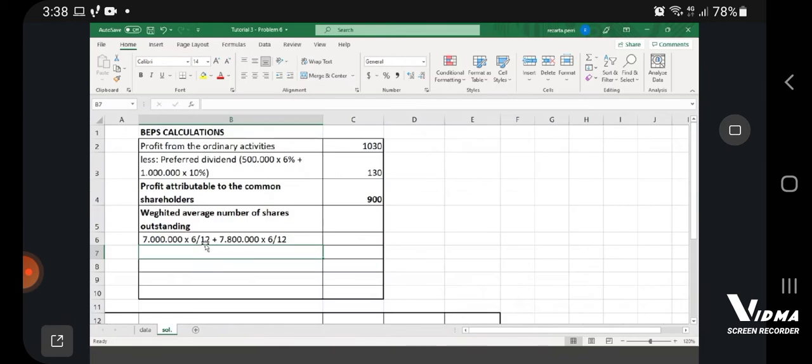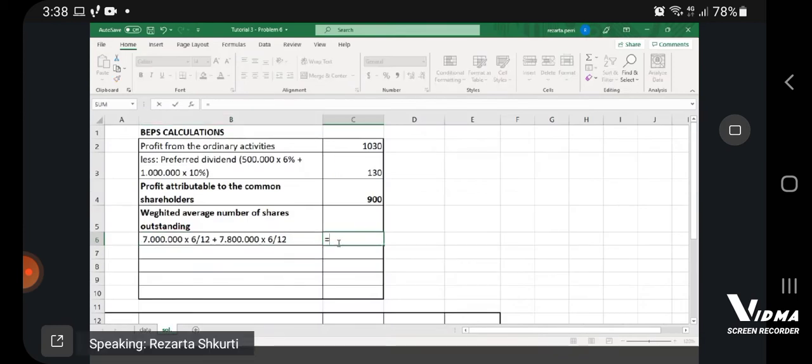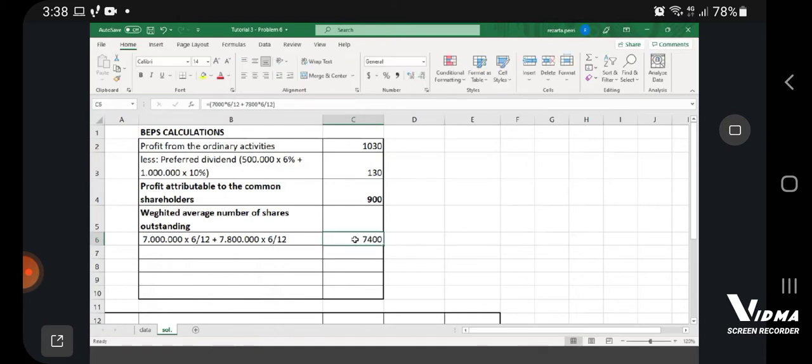So this is how we perform the calculations. Basically this is equal to 7,000 multiplied by 6 divided by 12 plus 7,800 again multiplied by 6 and divided by 12. This is the weighted average number of shares we should take into account.